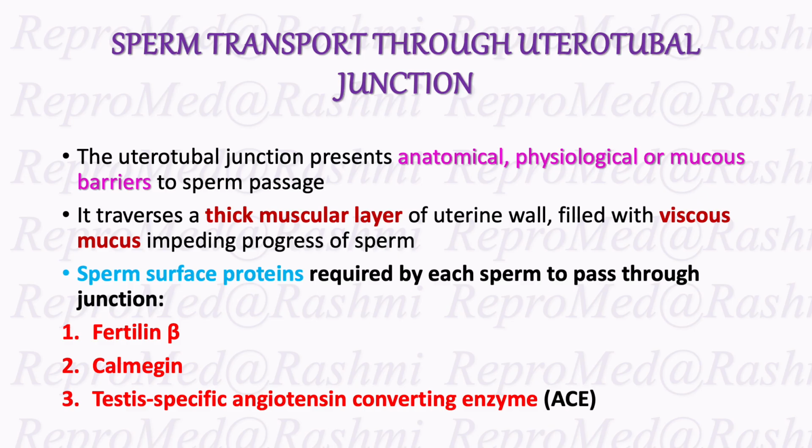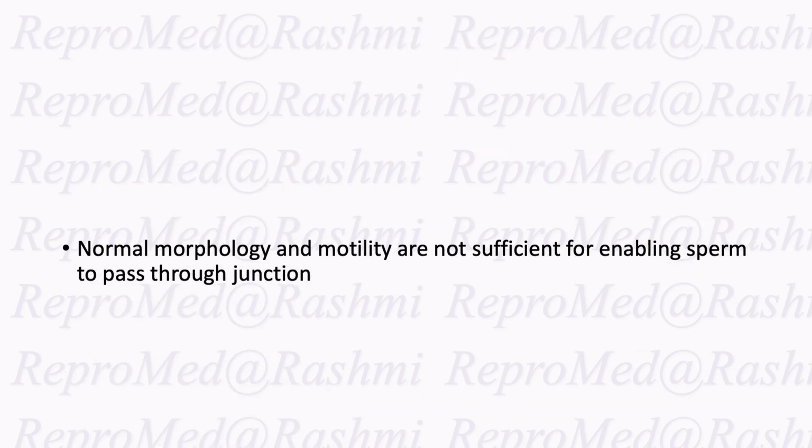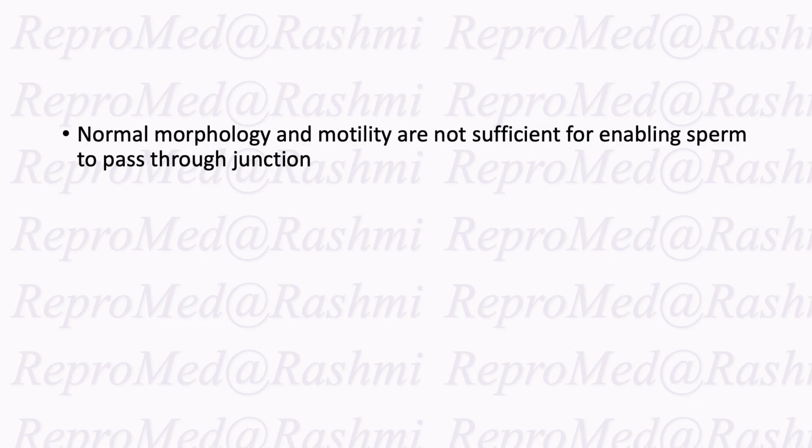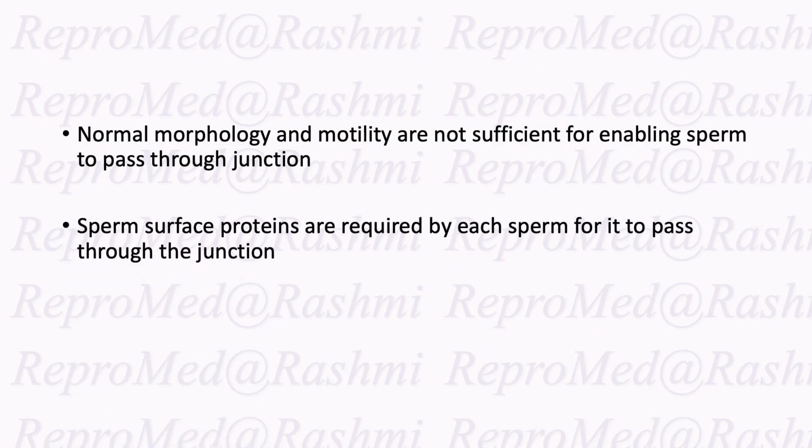These are fertilin beta, calmegin, and testis-specific angiotensin converting enzyme. These are the sperm-specific proteins required by each sperm to pass through the uterotubal junction. Normal morphology and motility are not sufficient for enabling sperm to pass through the uterotubal junction. Sperm surface proteins are required by each sperm for them to pass through the uterotubal junction.